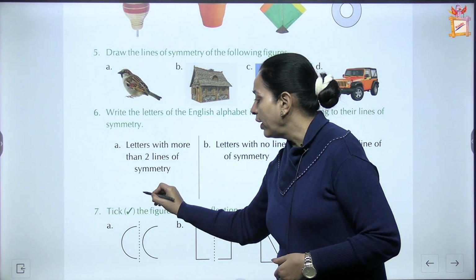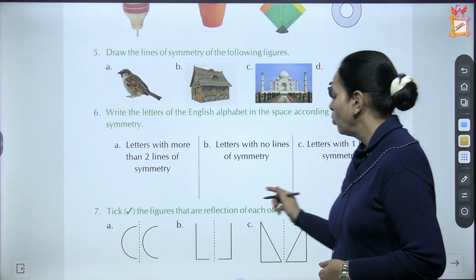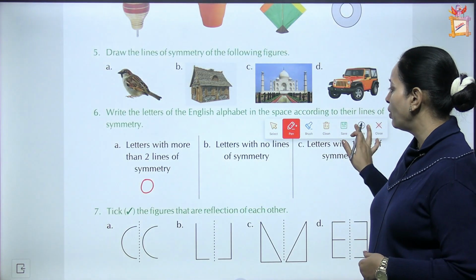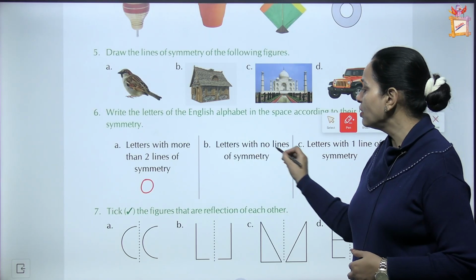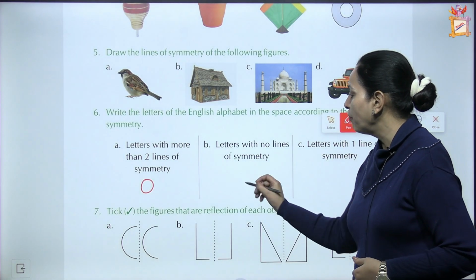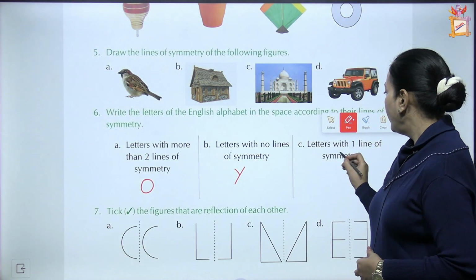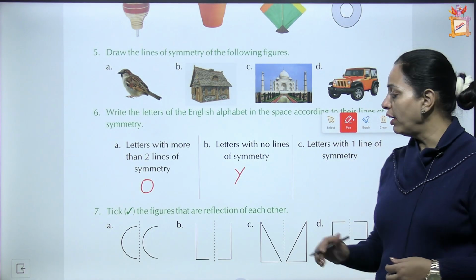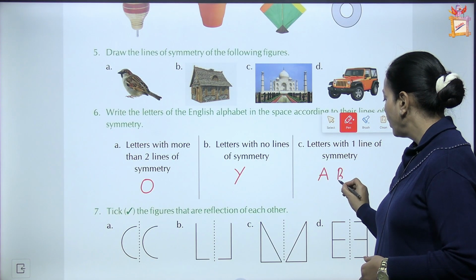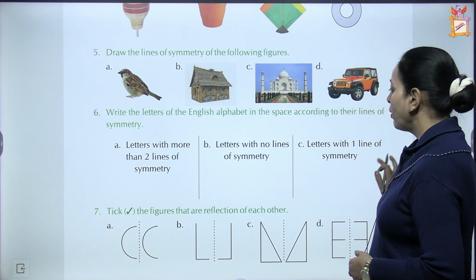So letter O, we can write O. O has infinite lines of symmetry like a circle. Letters with no line of symmetry, like Y, no line of symmetry, okay. Letters with one line of symmetry like A alphabet, B, C, right? So similarly you can try many more.